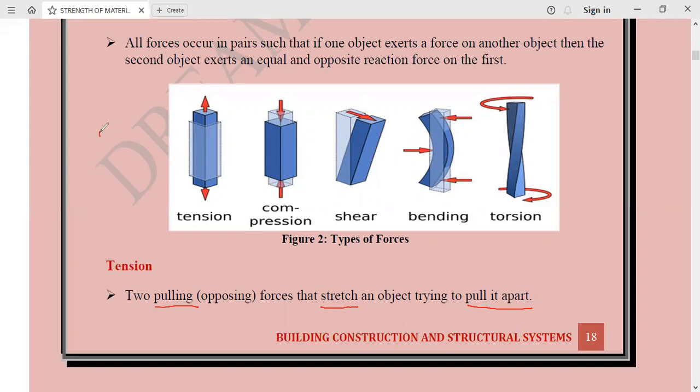Suppose there is a body, you apply a pulling force F1 at one end and another pulling force F2 at the other end. It will try to stretch the body, increase the length of the body, and pull the body apart. It will try to break the body in between.